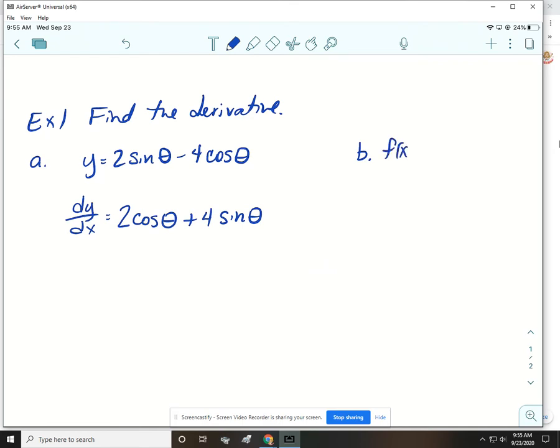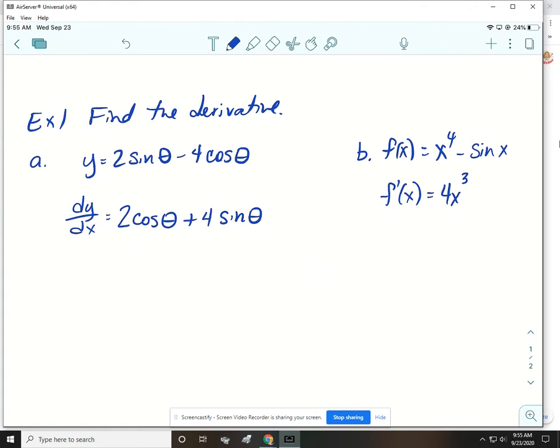All right, for B, f of x is equal to x to the 4th minus sine of x. All right, so the derivative, f prime of x, for x to the 4th, we're going to use the power rule for derivatives.